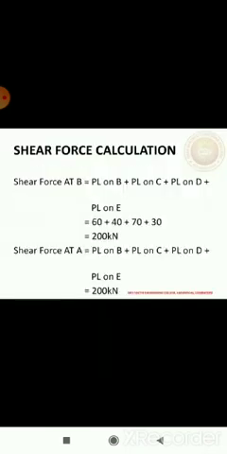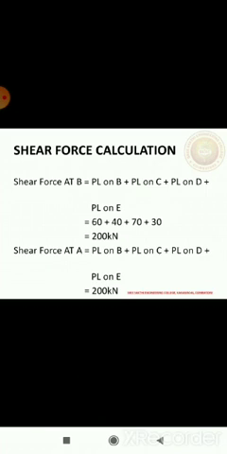Shear force at B is the point load on B plus those on C, D and E: 60 kilonewton plus 40 kilonewton plus 70 kilonewton plus 30 kilonewton, that is 200 kilonewton. The shear force at point B is 200 kilonewton.